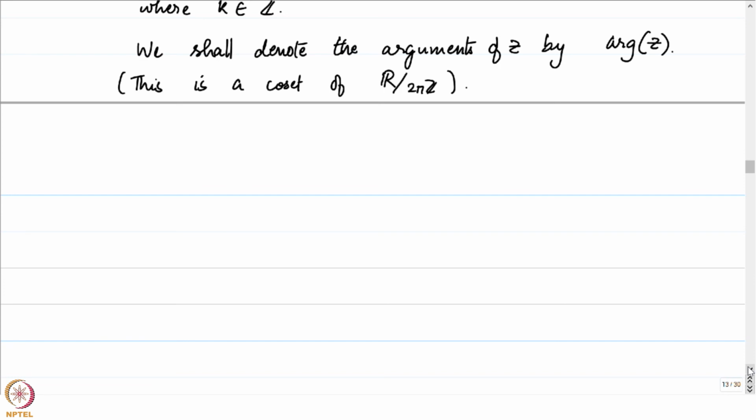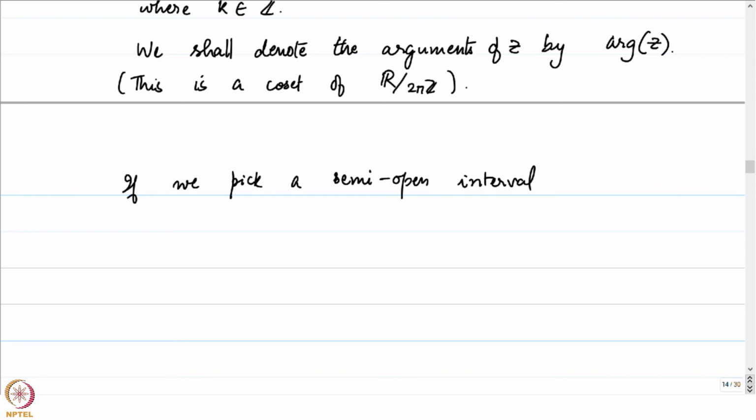Okay, more definitions, about the standard argument. There are multiple choices of an argument possible, as was just observed. It will be good if we can have a particular interval from where we always pick the argument. So let's do one such process.